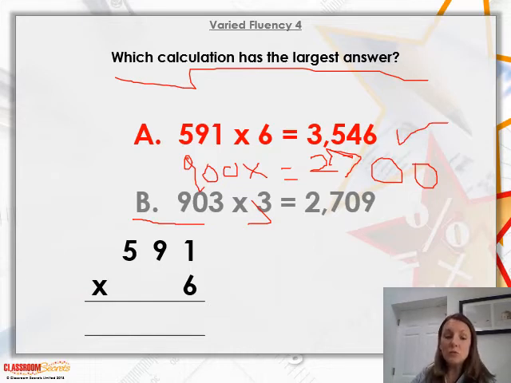And let's double check our answer and make sure that we're happy with that. Let's use the grid method and practice it.